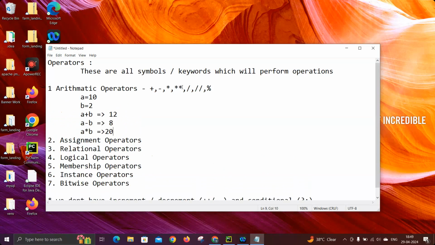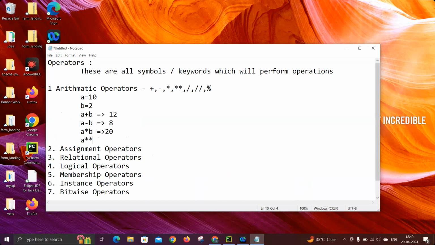But in addition to these, we have two more operators, like a double star b. A double star b will give you the power of the given value. Basically, double star indicates power, remember all of you. Single star means multiplication, double star means power. So a double star b means a to the power of b.